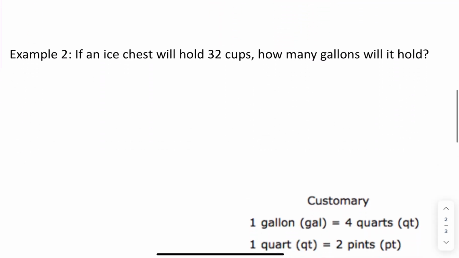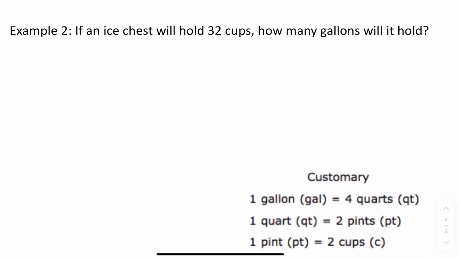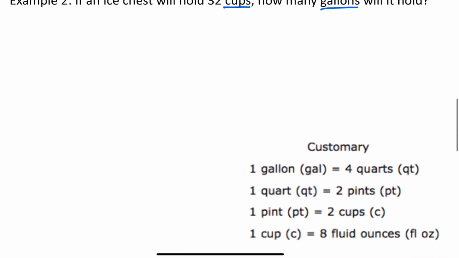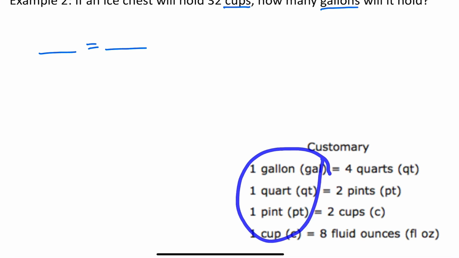All right, example 2. If an ice chest will hold 32 cups, how many gallons will it hold? So in this one, we want to turn cups into gallons. So down here on the star chart, I'm going to fill in, I need cups and gallons. 1 on this side, 1 on this side.